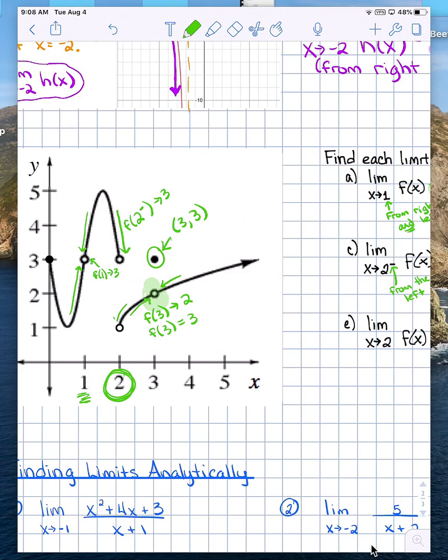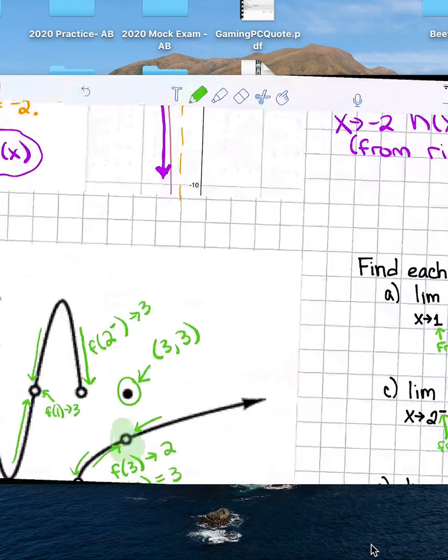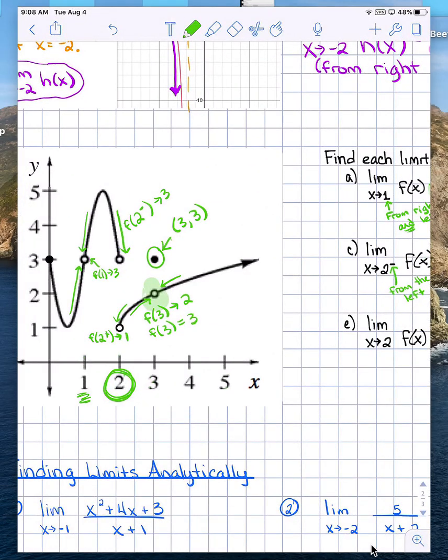As we're getting closer and closer to 2, I can see that we have a hole there at a y value of 1. So we'd say that f of 2 from the right is approaching 1. The hole is at a y value of 1.